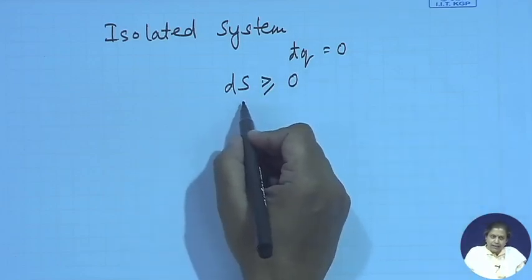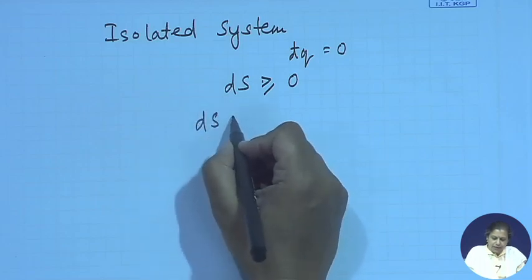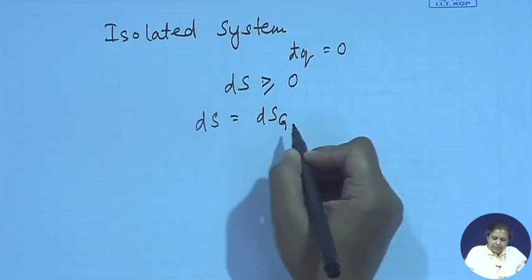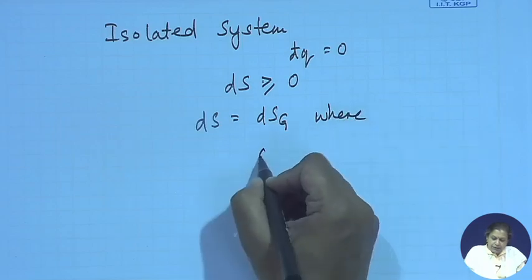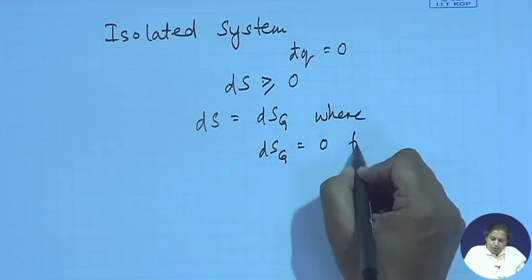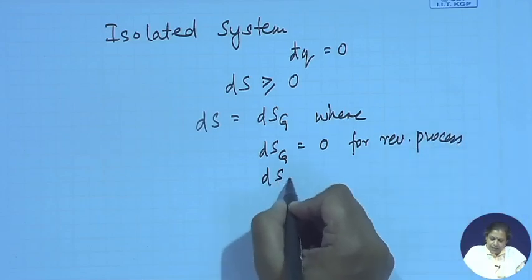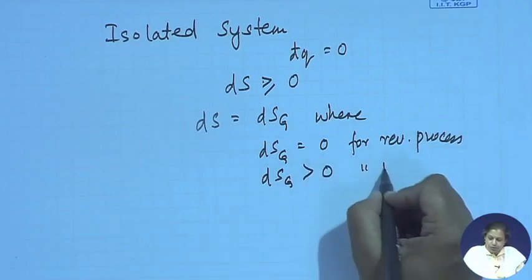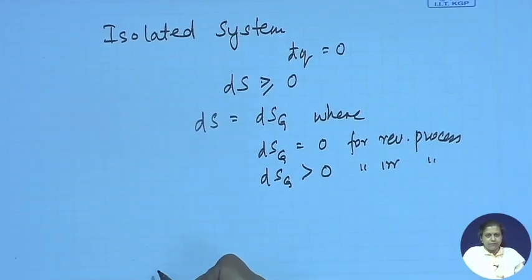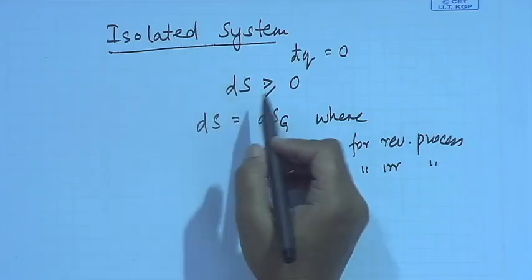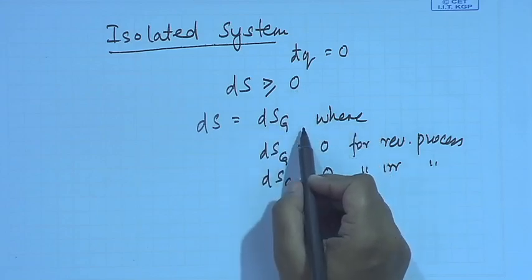So, for an isolated system, we can have ds equals dsg, where dsg equals 0 for reversible processes, and dsg greater than 0 for irreversible processes. So, what do we finally deduce? We deduce that in an isolated system, entropy is always generated if any irreversible or feasible process occurs.